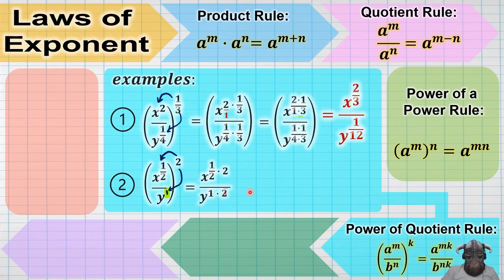So, lagyan ulit natin ng over 1 si 2 para hindi tayo malito, because ang fraction natin will be having 2 times 1 times 2, and then 2 times 1 naman sa denominator. And then dito madali lang, 1 times 2. So we'll be having this product expression. So multiply natin yung taas, 1 times 2, and then 2 times 1 naman sa denominator, ang exponent ni x, and then sa baba naman is 1 times 2.